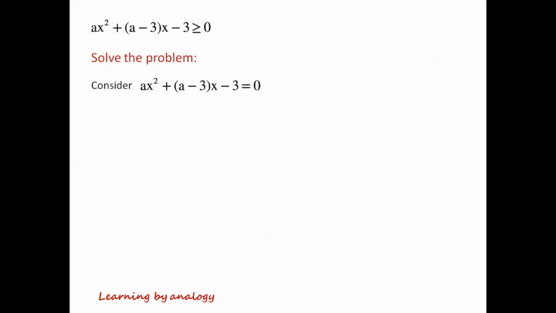Consider ax² + (a − 3)x − 3 = 0. x equals (3 − a) ± the square root of (a − 3)² − 4a times (−3), all over 2a.